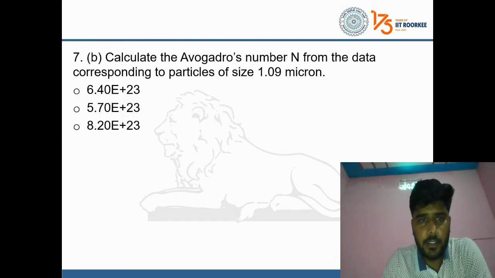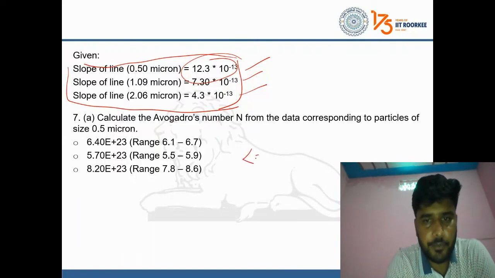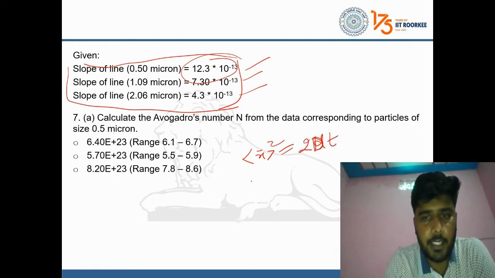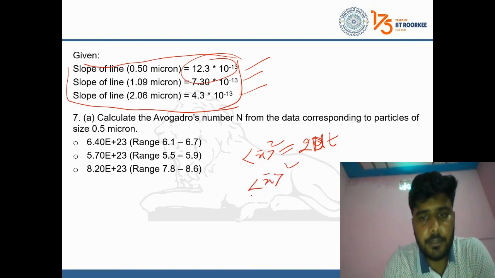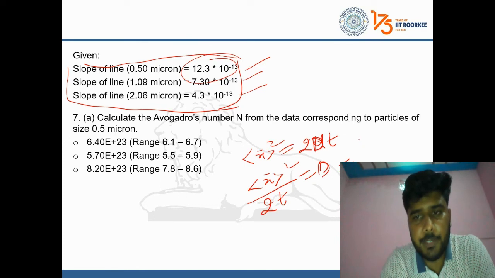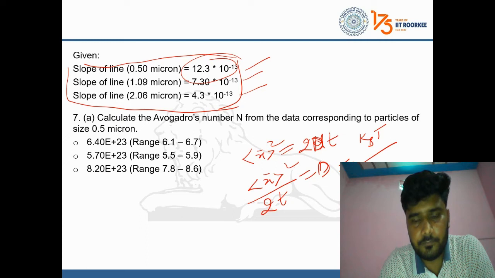Okay, so from the equation, the average mean square displacement is equal to 2Dt. Okay, if I arrange the formula, that is x square by 2t is equal to D, and I expand it, kBT is equal to, okay, 6 pi mu r.